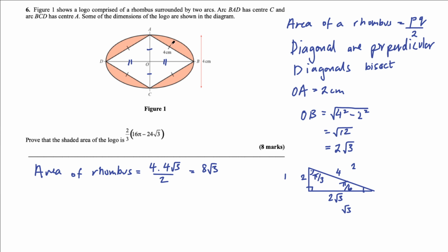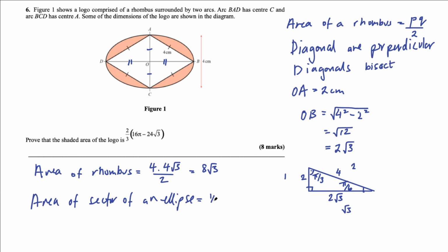Anyways, we need to know how to find the area of a sector of an ellipse. Okay, so that's what we're going to talk about now. Area of a sector of an ellipse. And there is a formula for this.